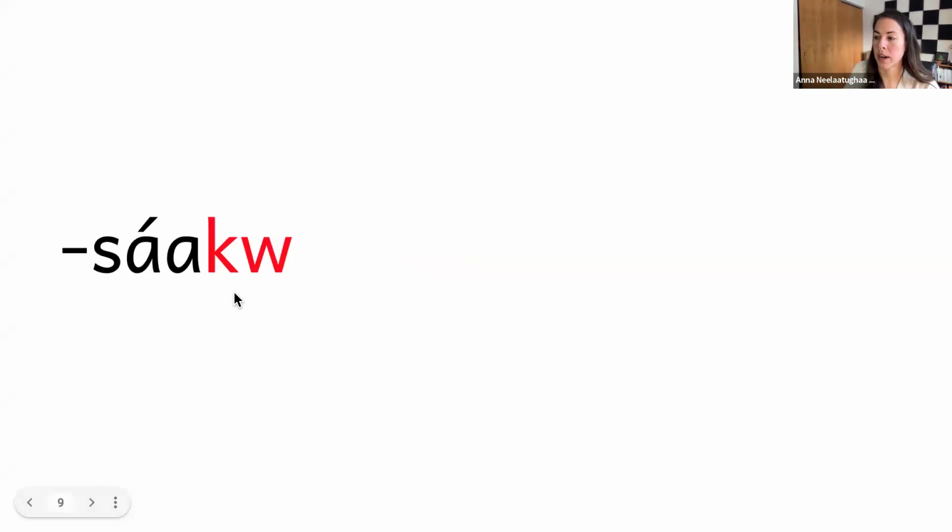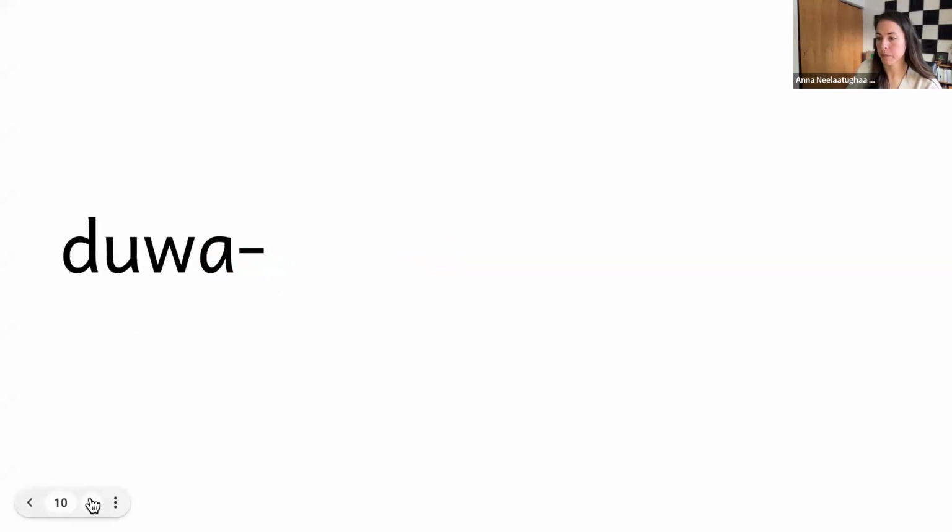Okay, this part with the rounded K, let's practice it again. And again, you're just rounding your lips and breathing out the K, and it makes a very different sound from if you don't round your lips. So let's do this part. Good.